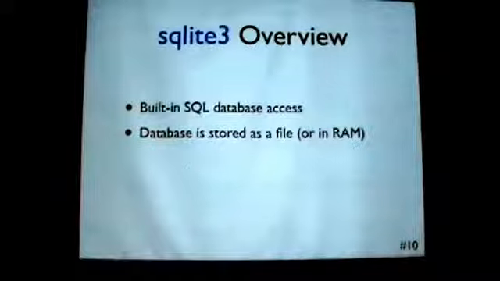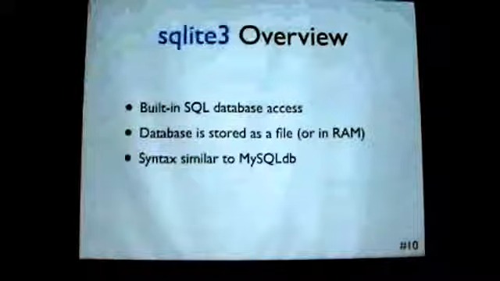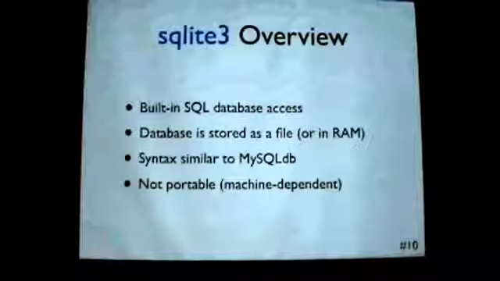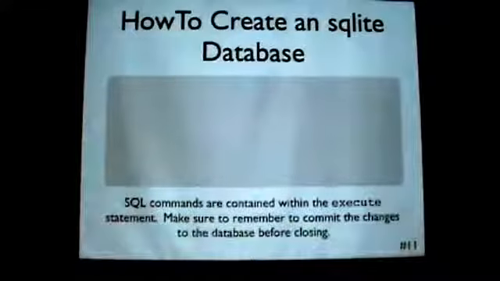The database is going to be stored actually just as a normal file, which is not necessarily true if you're dealing with a MySQL database, or you can even store it in memory if it's small enough. So the syntax is similar. The biggest problem is that it's not portable. If I have my database stored locally on my machine, that's an architecture-dependent thing. I can't just send that to you and you can read it. But again, for our purposes, this is more than sufficient.